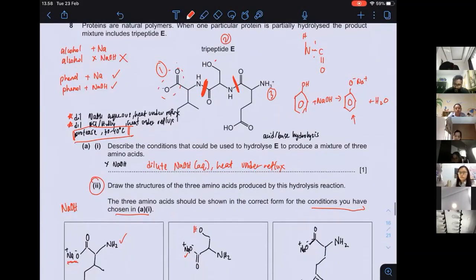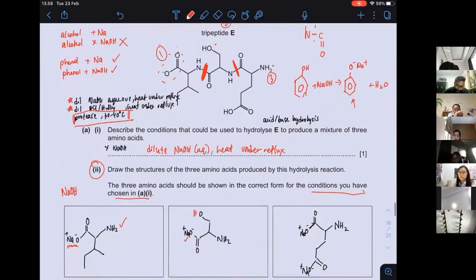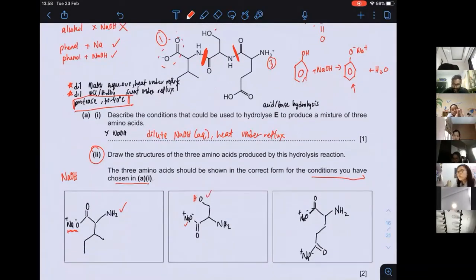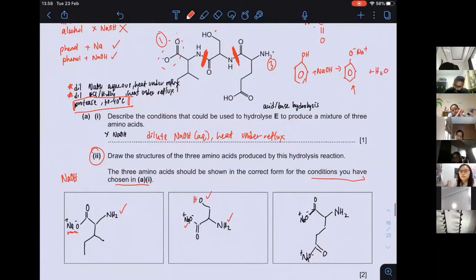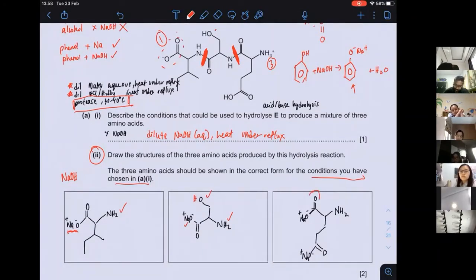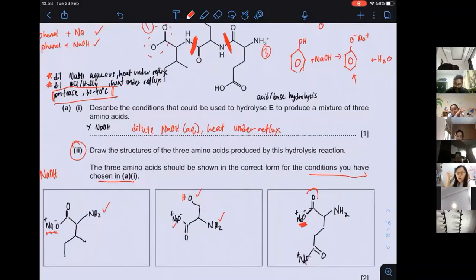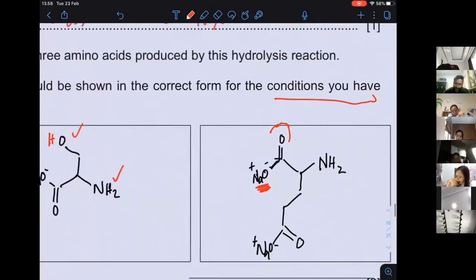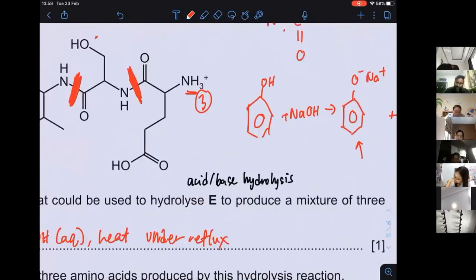So here it comes into practice. Here, the OH do not react with sodium hydroxide. OH will be there, and then this NH2, no reaction with NaOH. Here you have carboxylic acid group. Same carboxylic acid, they will join with NaOH to give you this compound. And for this part, NH3 plus, when I react with NaOH, the H plus will go and join with the OH to give you water.